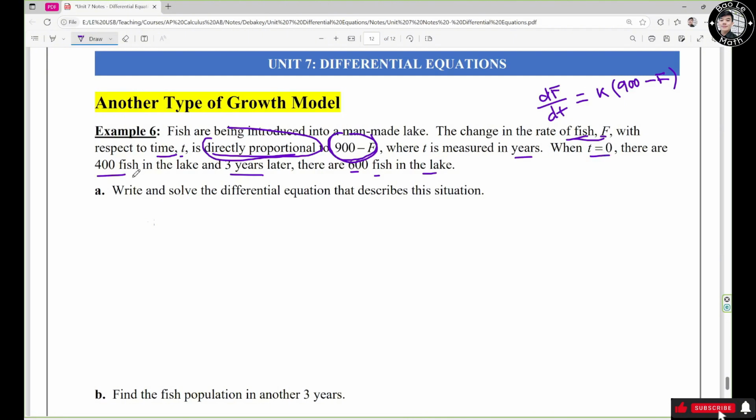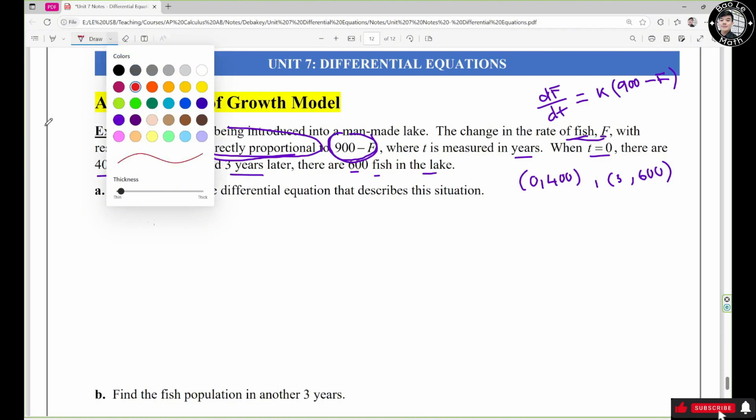When t equals 0, there are 400 fish, so you have the ordered pair (0, 400). 3 years later, which means at t equals 3, is going to be 600. So you already summarized the problem. Now write and solve the differential equation that describes this situation.